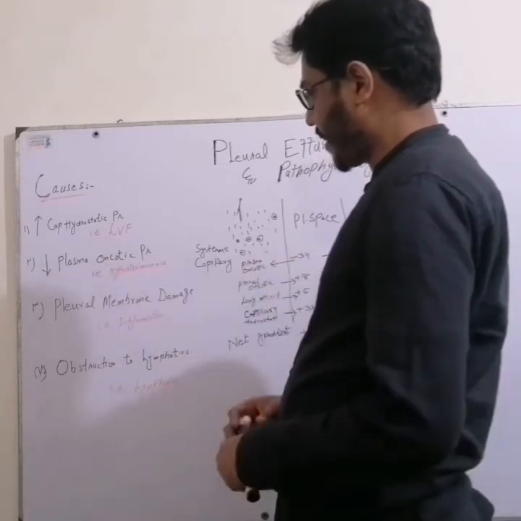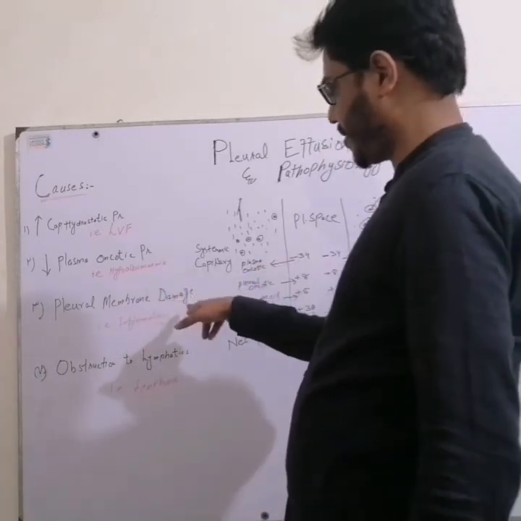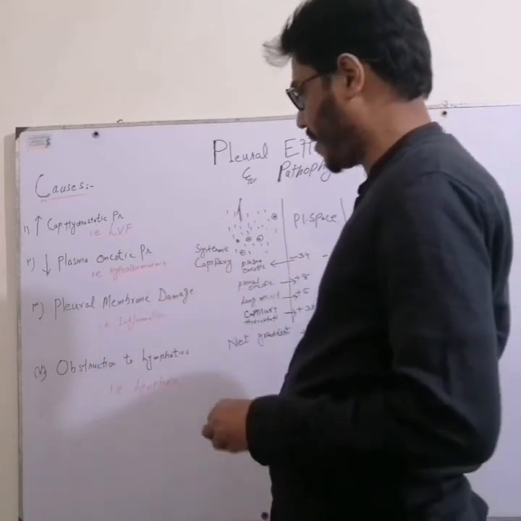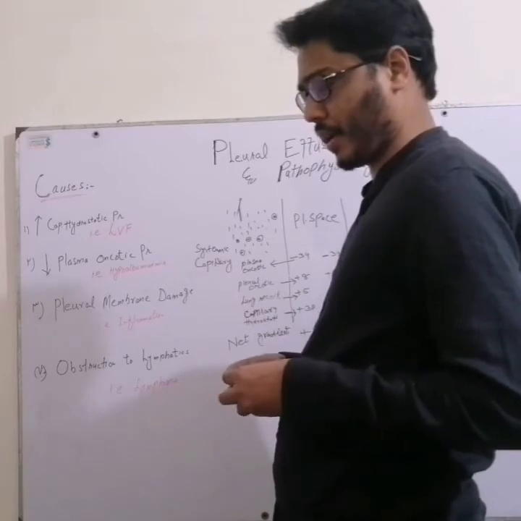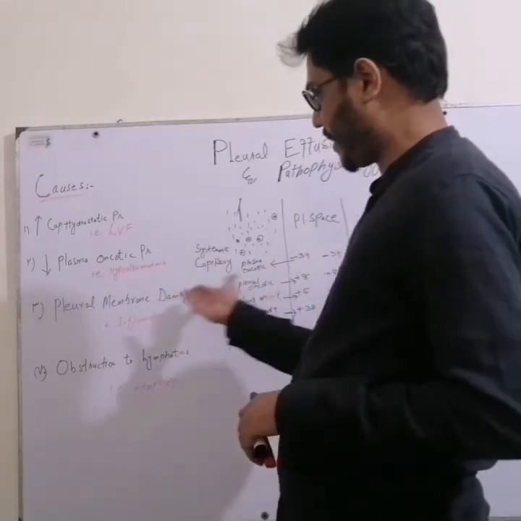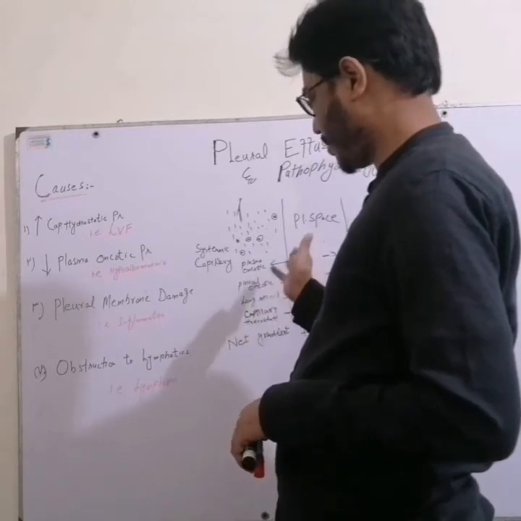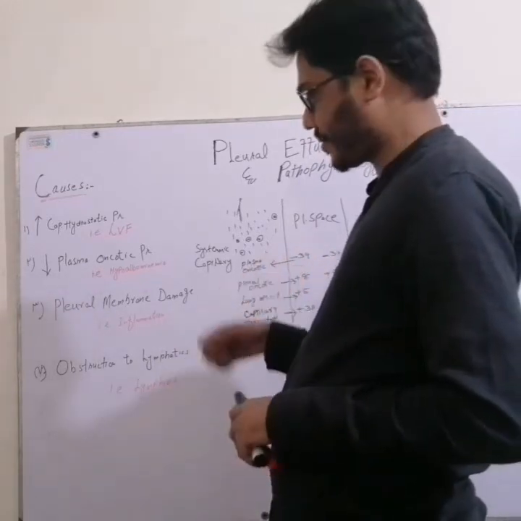Another mechanism is pleural membrane disease or damage. It may be due to an inflammatory process or malignancy of the pleura like mesothelioma, which can lead to increased permeability of the pleural space and development of pleural effusions.